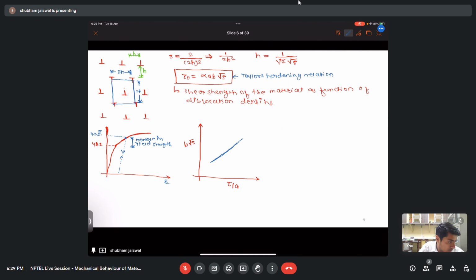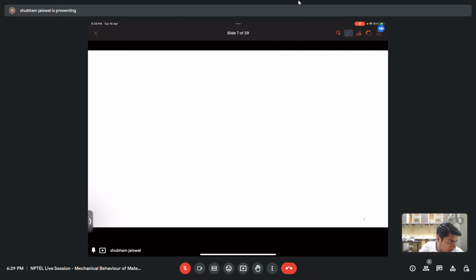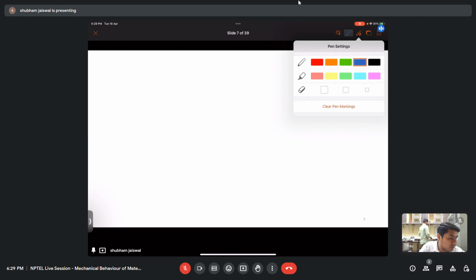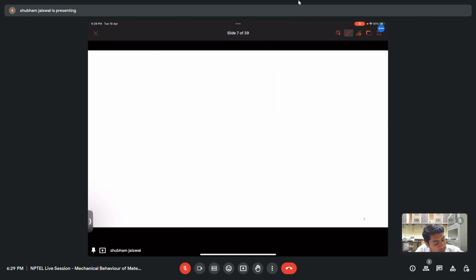Then in strain hardening, we said that the dislocations will interact with each other. So how are these dislocations generated? For that we have seen the concept of dislocation multiplication.